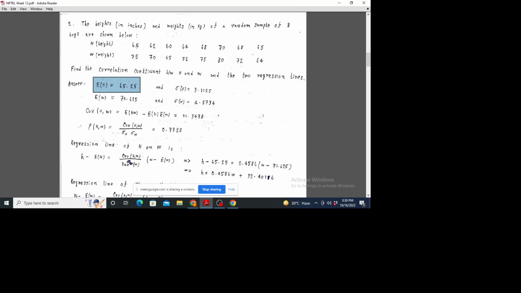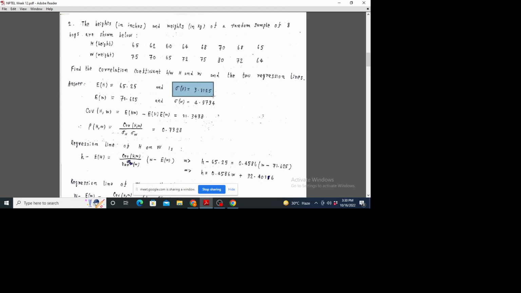For calculating the standard deviation in height, just take 65 square plus 62 square plus 60 square, add them up to the last 65 square, and then divide by 8. That is how you get the expectation value of h square. Then you subtract from that the square of E[H], and that gives the square of the standard deviation.